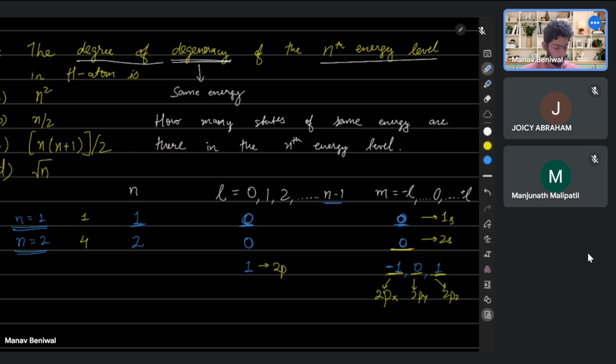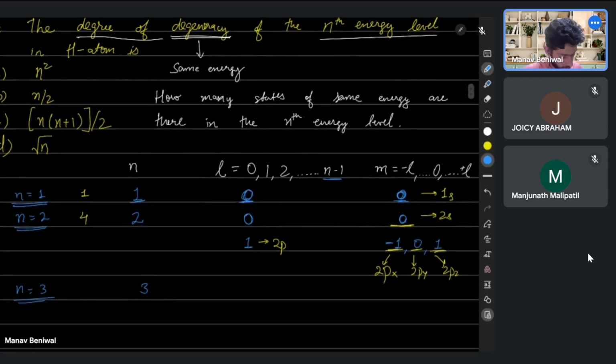Similarly, when your n will be 3, L will have values 0, 1, and 2, and again this will have 0, then minus 1, 0, 1, and this will have minus 2, minus 1, 0, 1, 2. Okay, so how many states will be there?